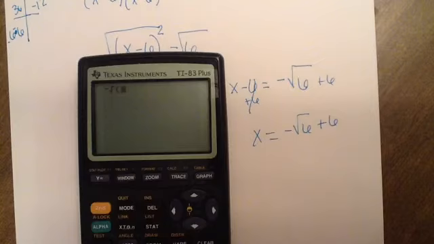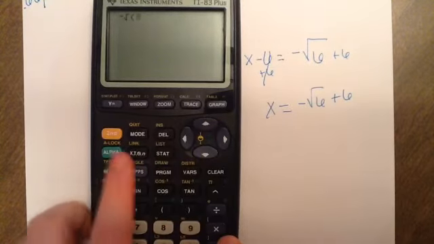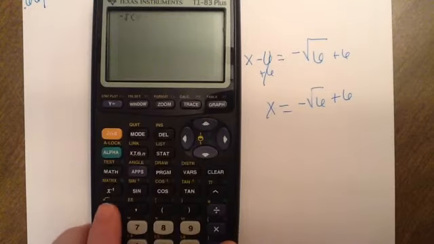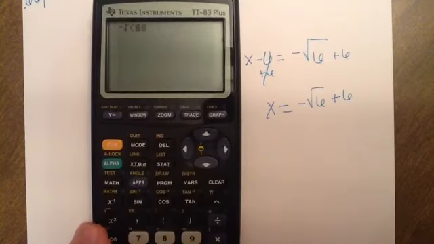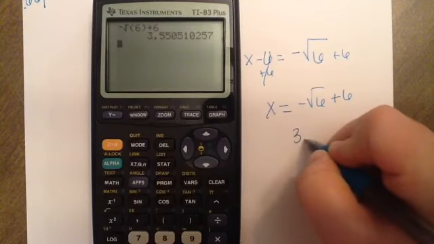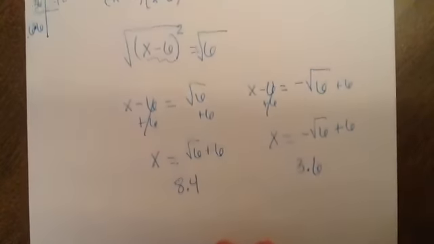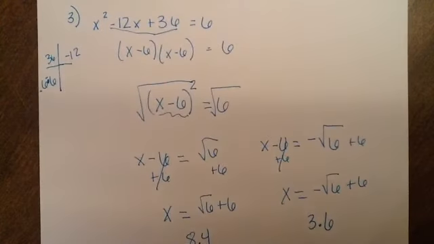The square root symbol can be found right above the squared. You might have to hit a second button to get to it. Make sure you close the parenthesis. And that answer is 3.6. So there's our two answers.